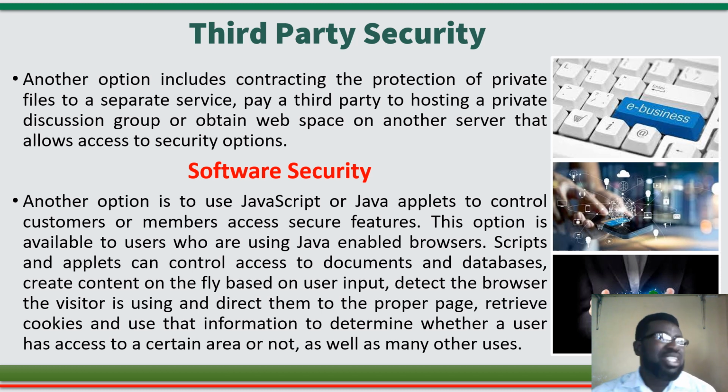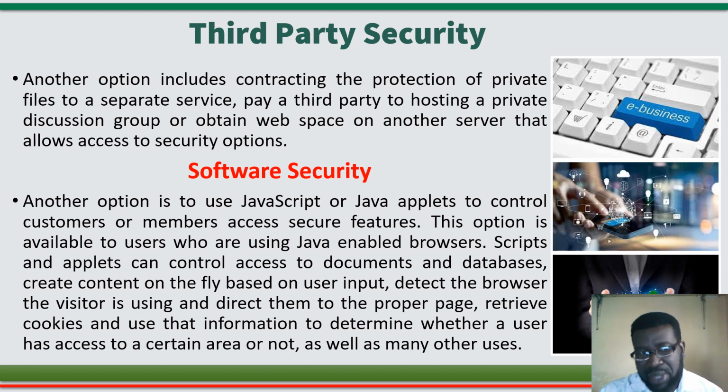Then another option is the use of JavaScript software. You use a software security at this time. You can use a JavaScript or a Java applet to control customers' or members' access to secure features. This option is available to users who are using Java-enabled browsers. Scripts and applets can control access to documents and databases, and they create content on the fly based on users' input.